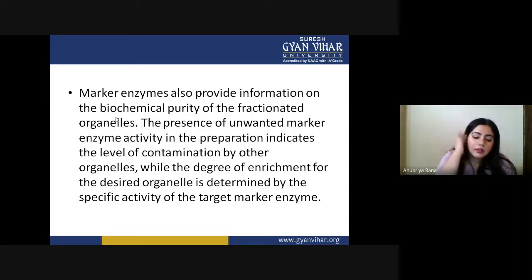You cannot use a marker enzyme that works on the mitochondria and have it work on the cytosol or some other organelle. They do not work like that. If they did, it would create confusion. How would you differentiate whether the activity is inside the mitochondria or the cytosol? That's why these enzymes need to be very specific about their working process.